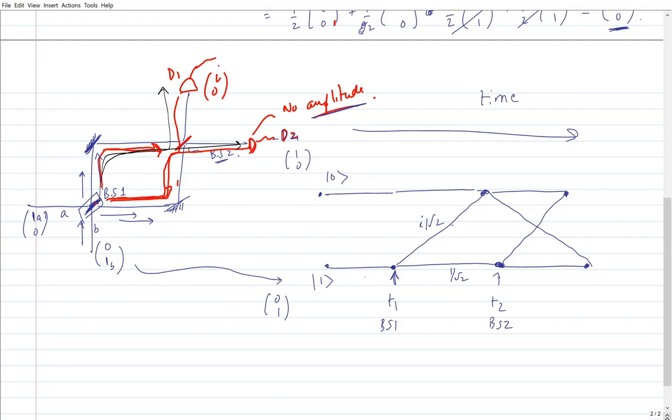If you look at it, I have essentially all paths: one path, a second path, this third path, and this fourth path over here.